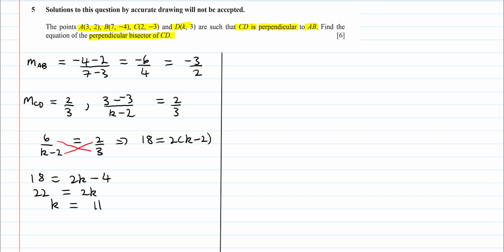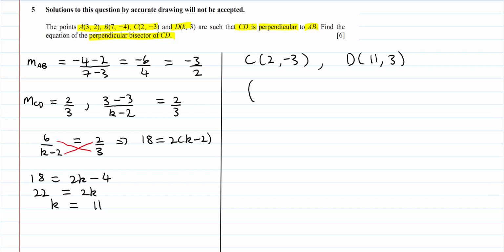So now we'll find the midpoint of that line CD. So I'll just write down the coordinates of C and D again. So we know C, that's (2, -3). And we know D is (11, 3). So the midpoint of that line then, it's going to be the average of the x values for the x coordinate and the average of the y values for the y coordinate.